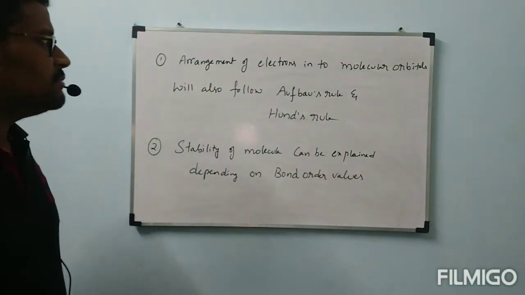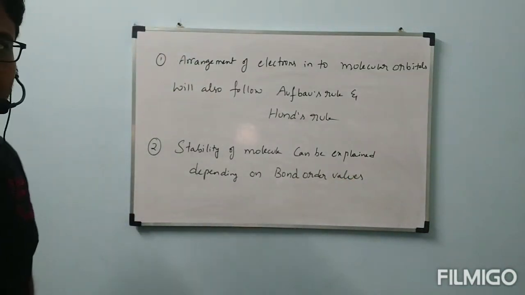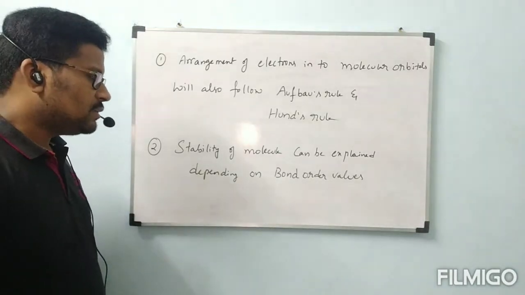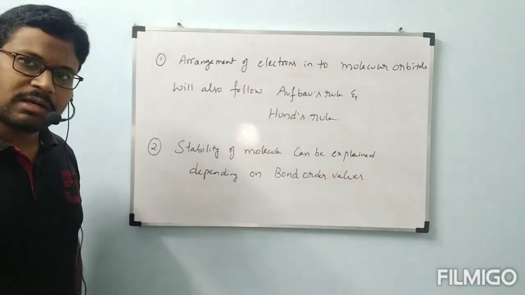First point, arrangement of electrons into molecular orbitals will also follow Aufbau's rule and Hund's rule. Second point, stability of molecule can be explained depending on bond order values.